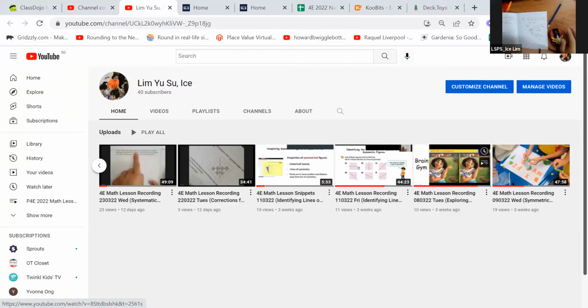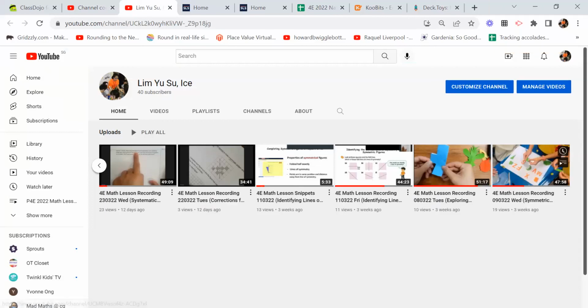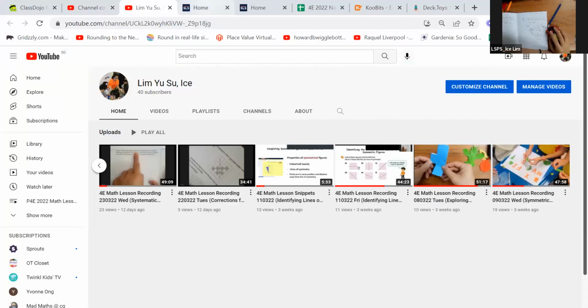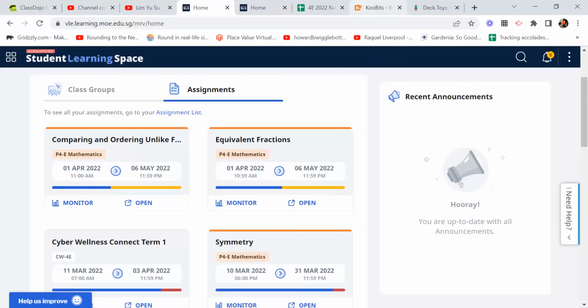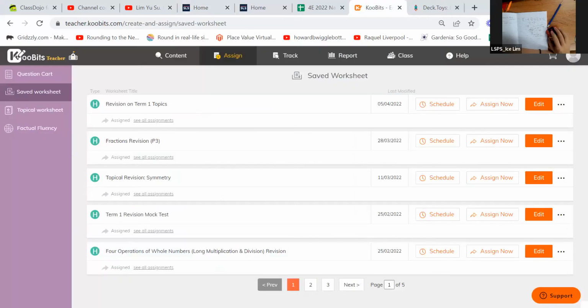And then you can catch up on what we did in class and paste it up. Okay? And class, please catch up on this. Okay? And your copies, I put out a new revision for term 1 topics, as well as for those of you who haven't done your symmetry and fractions revision for primary 3.